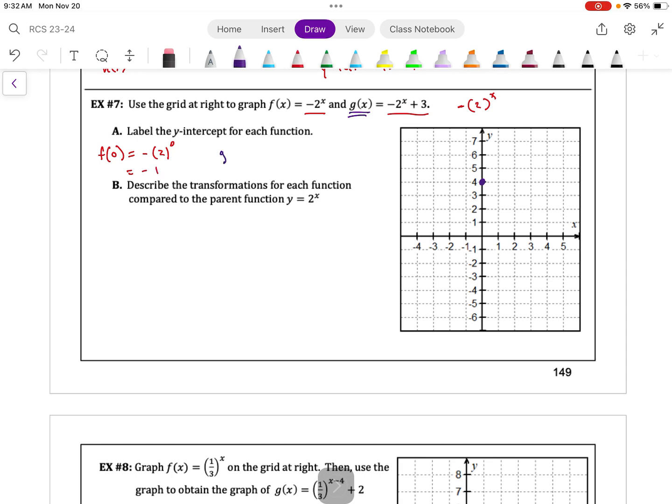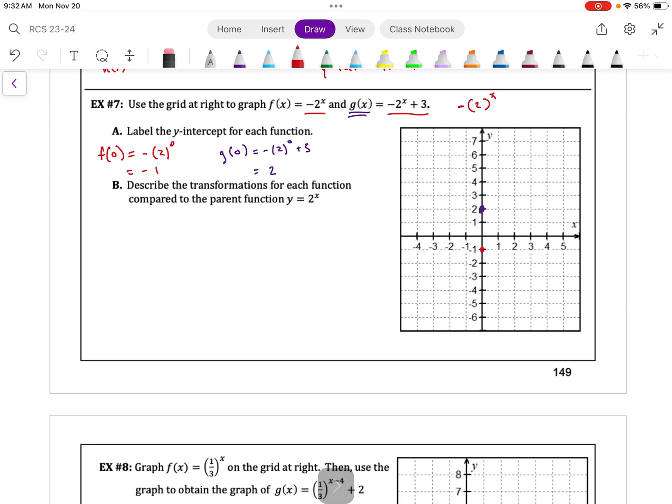For g of 0, I'll get negative 2 to the 0 plus 3, so this will come out to be 2. And I'll put both of those on there: 2 and negative 1.